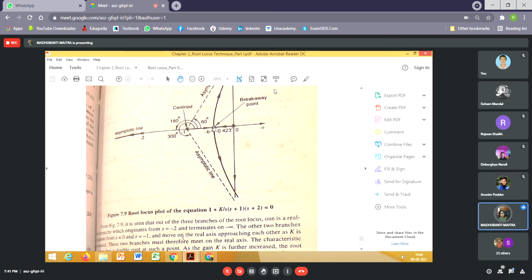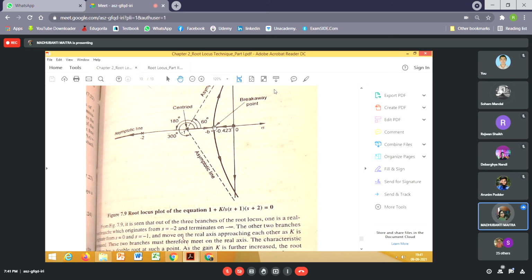Why? Because if we increase the value of gain k beyond the value of gain k at this point, then these two root branches will break away from each other and form two complex conjugate root branches. That's why this point is called the breakaway point.